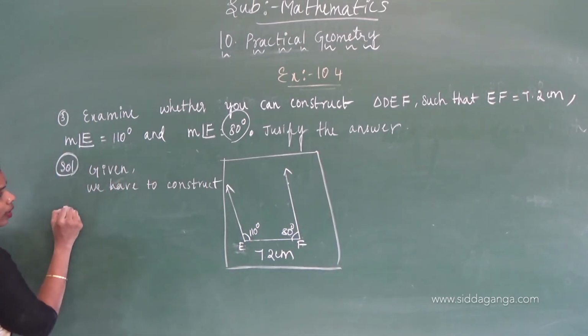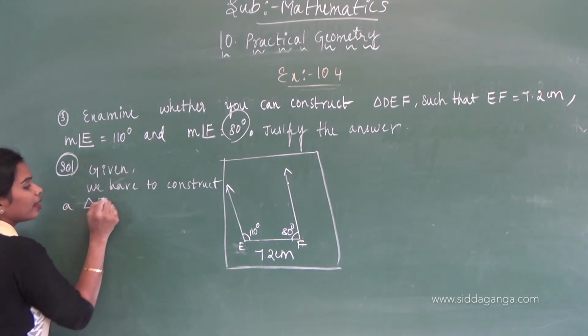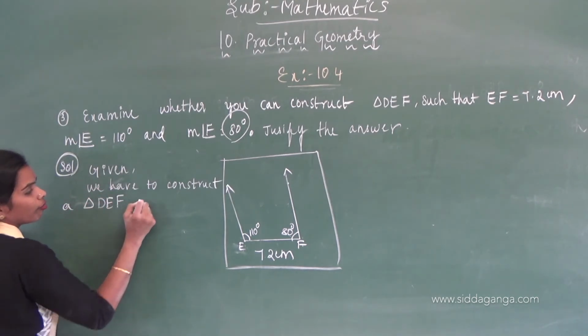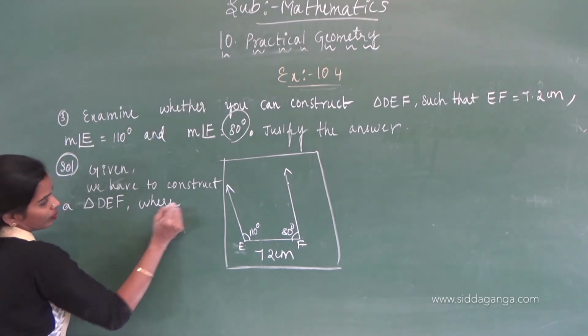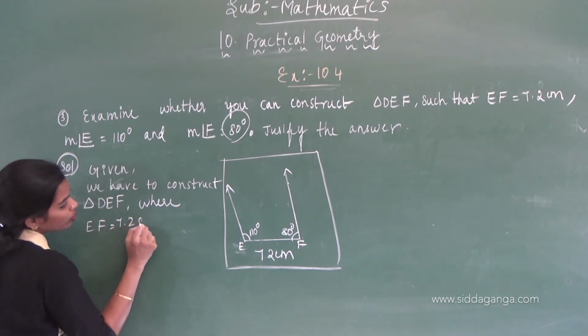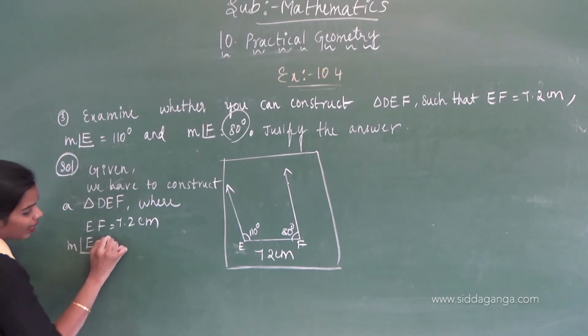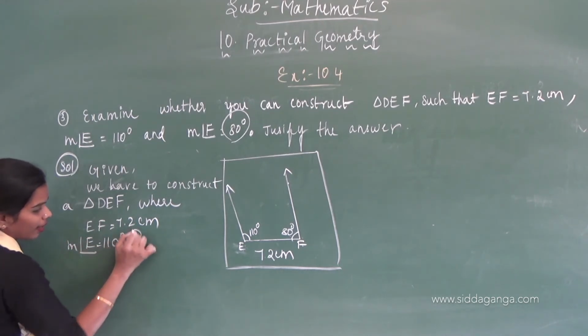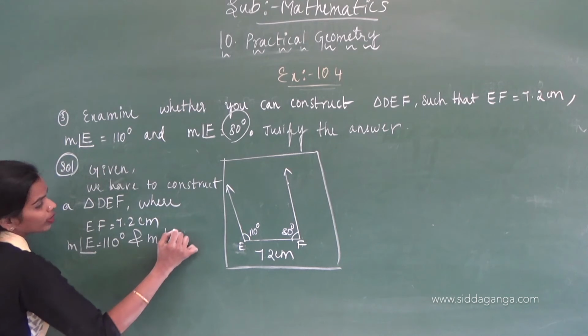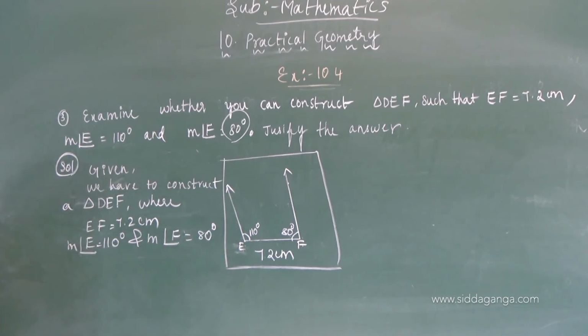Construct a triangle DEF where EF equals 7.2 centimeters, measure of angle E equals 110 degrees and measure of angle F equals 80 degrees.